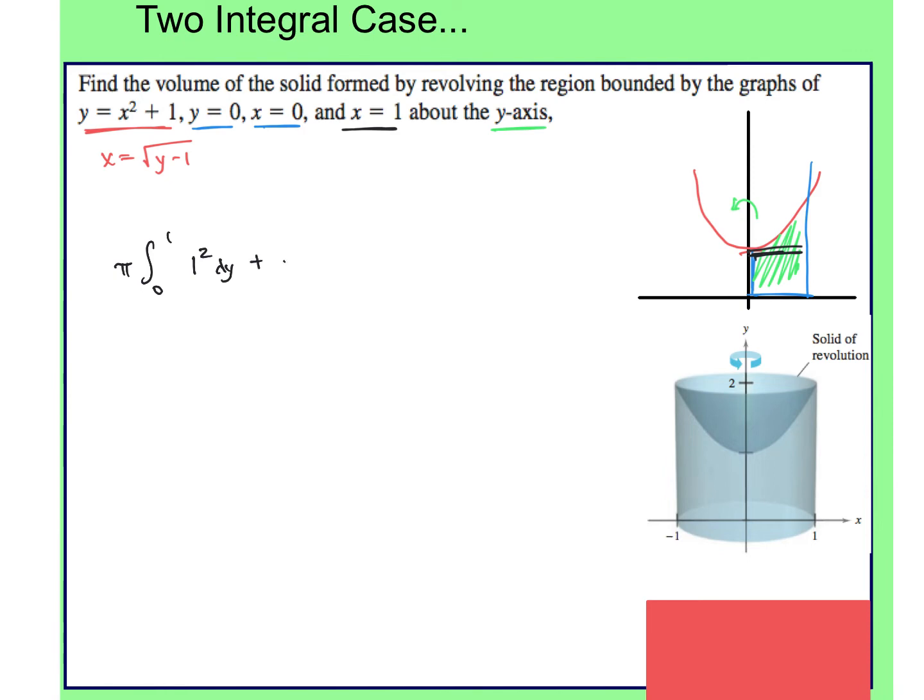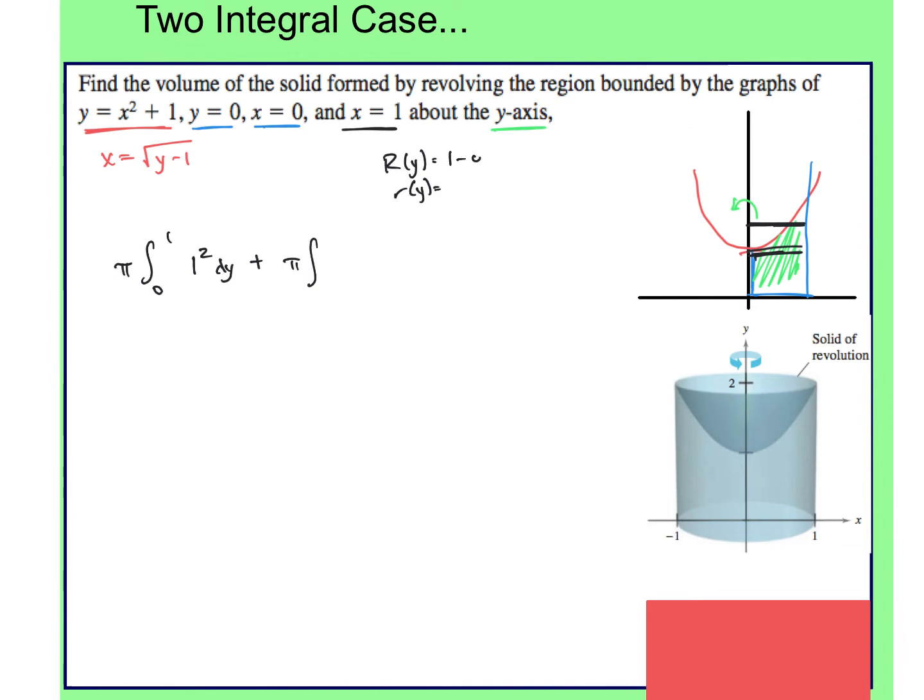Now my next integral is going to have a pi out front. And then this is going to be a what method? A washer. So I need to know my big R of y, and I need to know my little r of y. So my big R of y is that portion right there. So what would that big R of y be? 1.